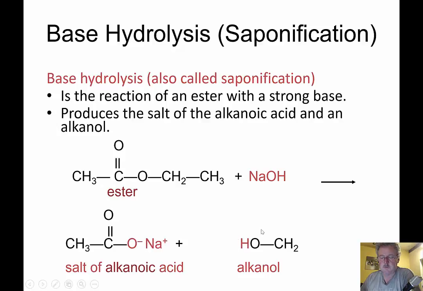It also produces our alkanol. In this case there's a problem here that needs to be fixed, but you can see that's ethanol, and here we've got methanol.